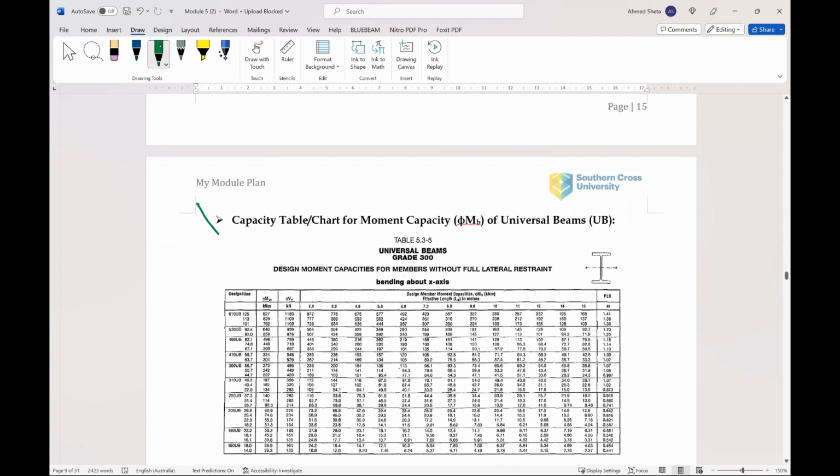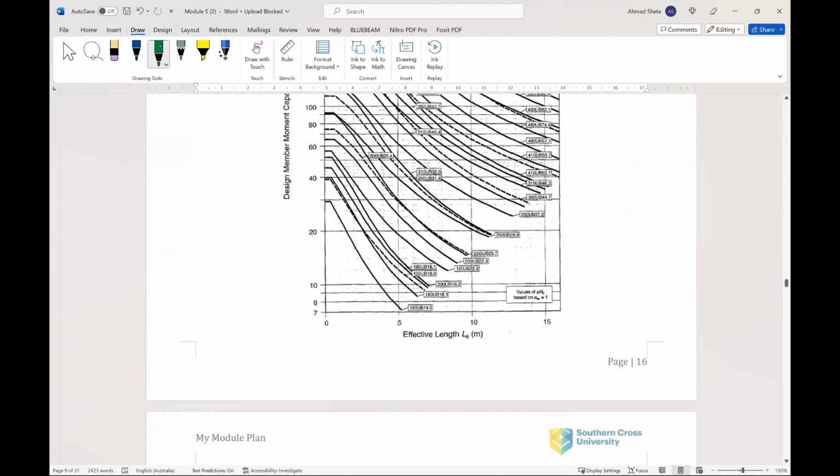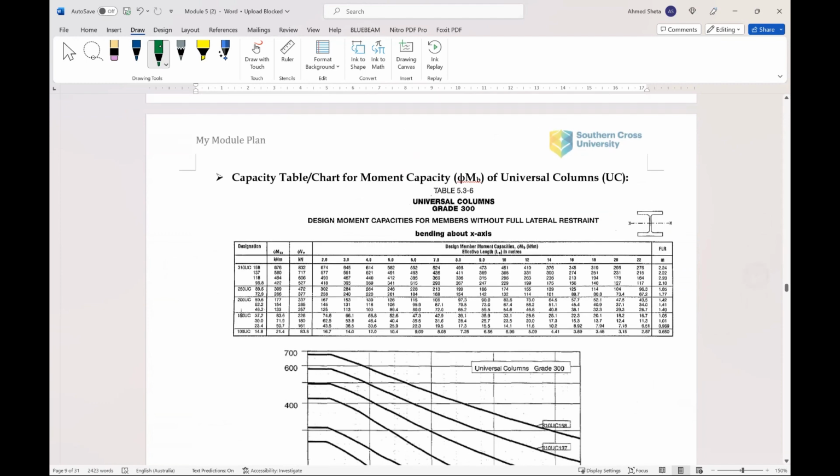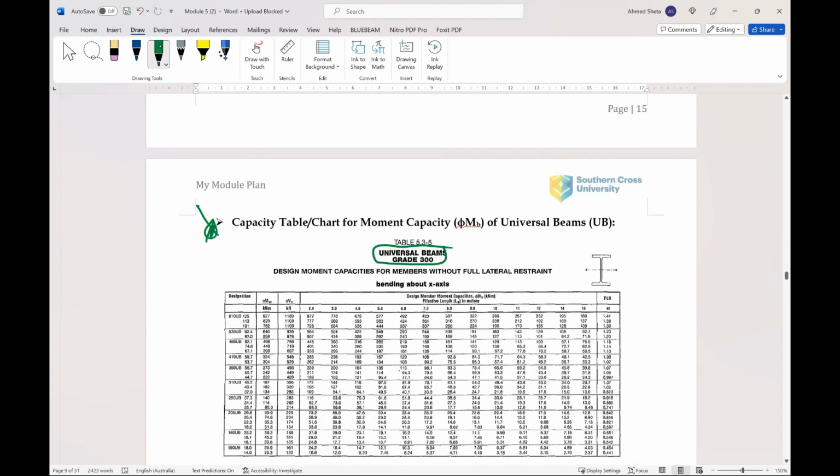And these are some capacity tables for universal beam grade 300, and this is the chart, and this is also a table for universal column. This is just an example of the tables.